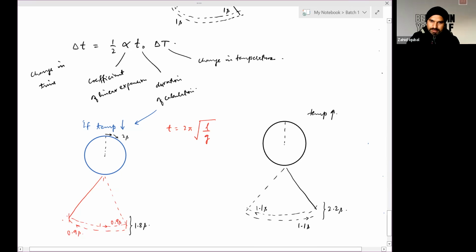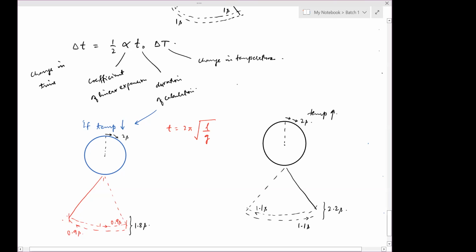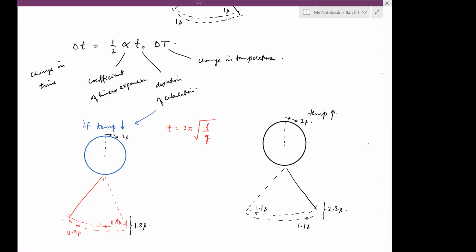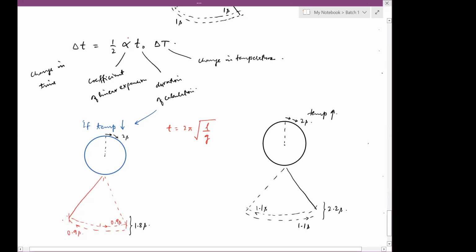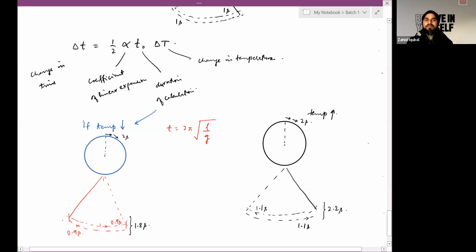But during this, the reading of the clock is 1 tick and a second tick, just 2 seconds. So just compare the reading of the clock and the oscillation time period. Is the reading of the clock more or less as compared to the actual time taken? Hamza, is the reading of the clock increasing or decreasing in this case?